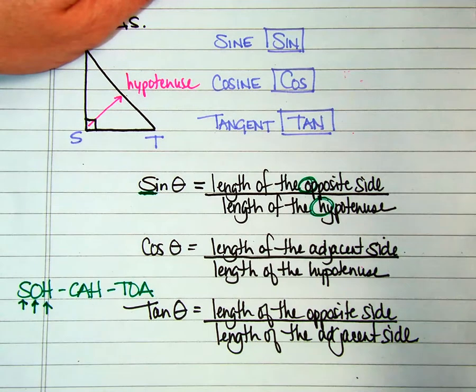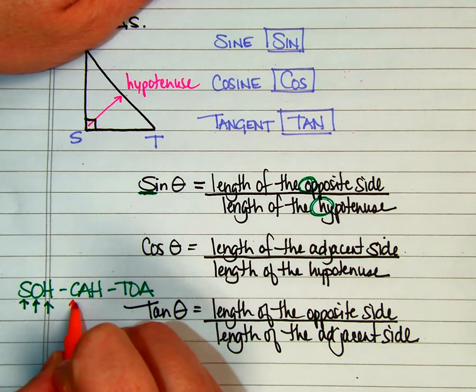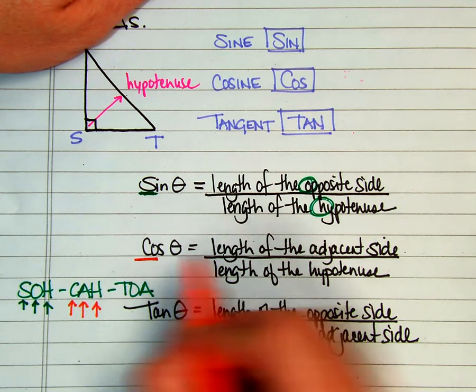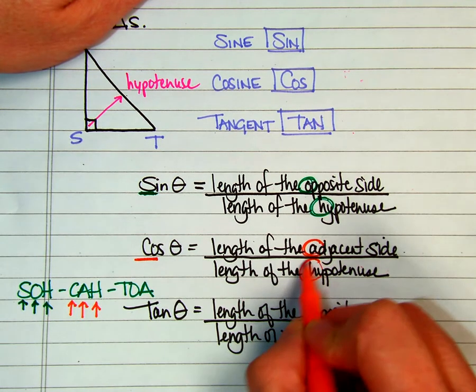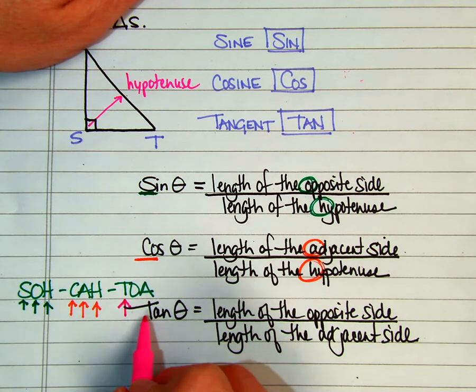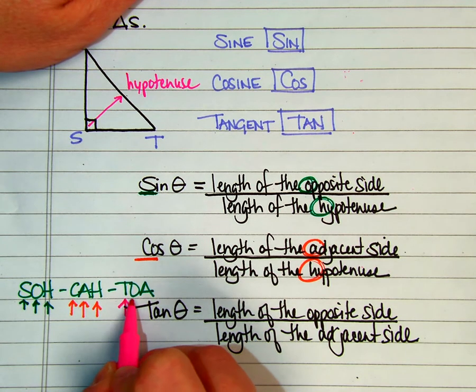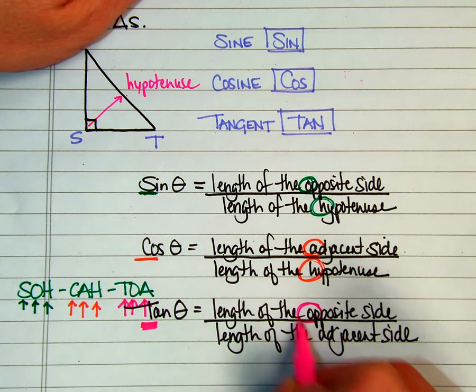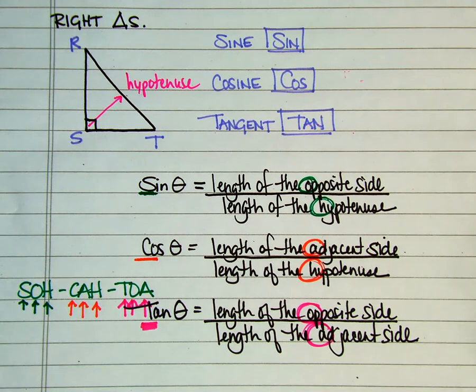Cosine is the adjacent over the hypotenuse. And then finally, toa is tangent, opposite over the adjacent.